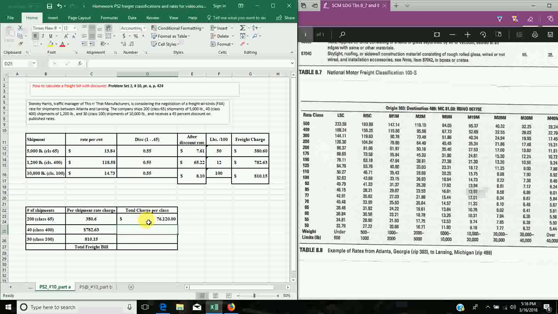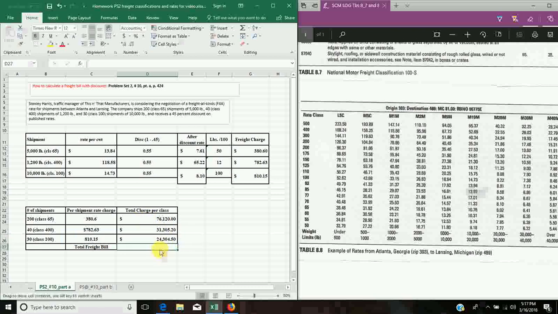We will multiply 40 shipments times this charge per shipment, which is 31,305. And then finally, we will have 30 shipments of Class 100 at this per shipment rate charge.